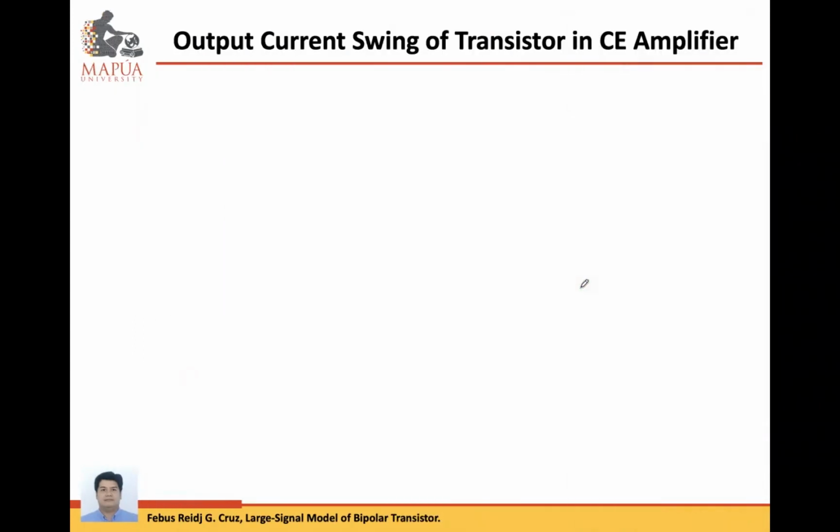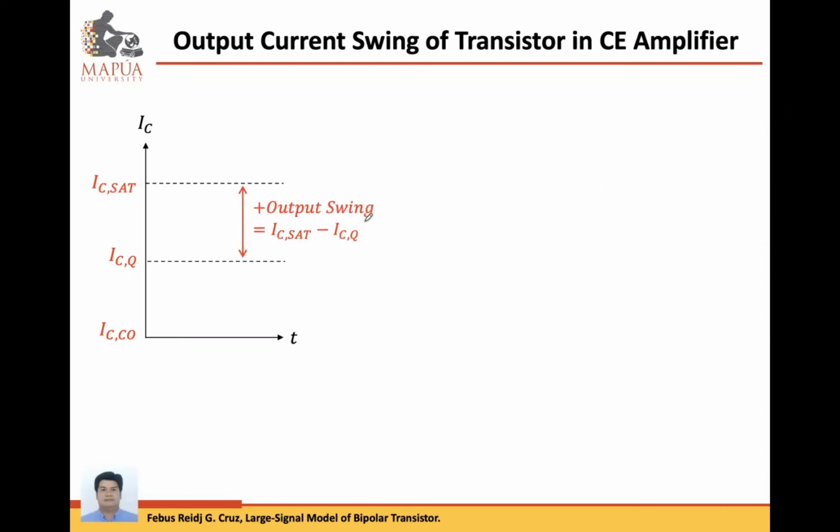Now, after knowing the operating points as well as the saturation and the cutoff points, we can determine the output current swing of the transistor. So for the collector current, again, IC cutoff is equal to 0. Then IC saturation is the maximum possible collector current, and you have the operating collector current denoted by ICQ.